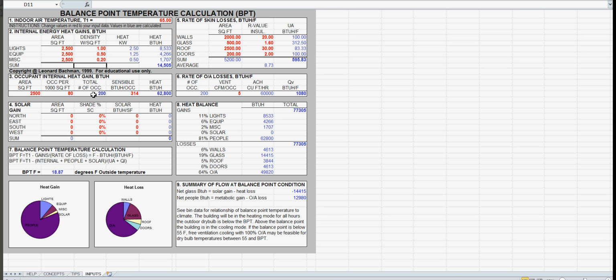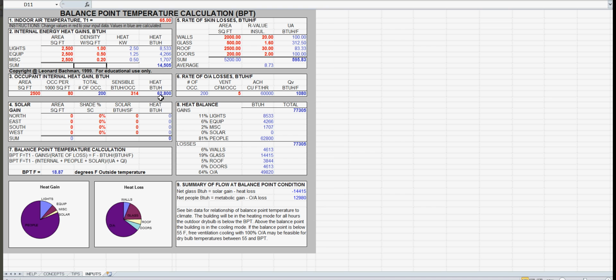And we would look up how much heat each occupant contributes in terms of sensible load, that's temperature type body heat as opposed to latent heat from the moisture that they leave in the room. And that gives us some totals. This is our total internal heat gain from lights, equipment, and miscellaneous things. And this is our internal heat gain from people.